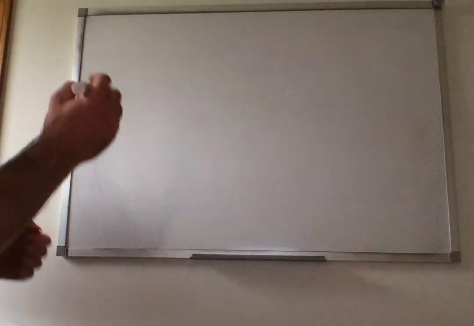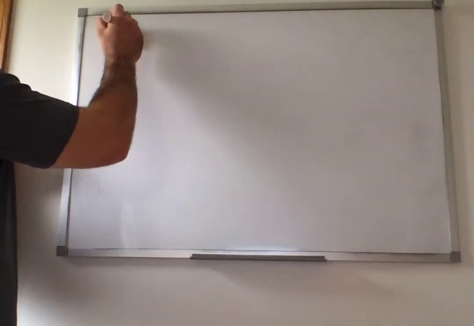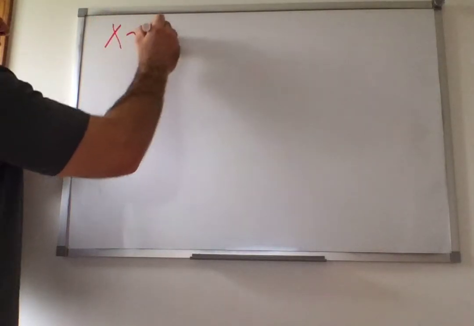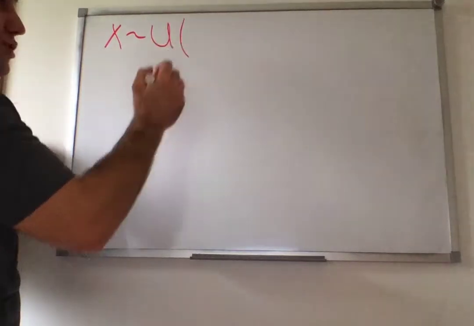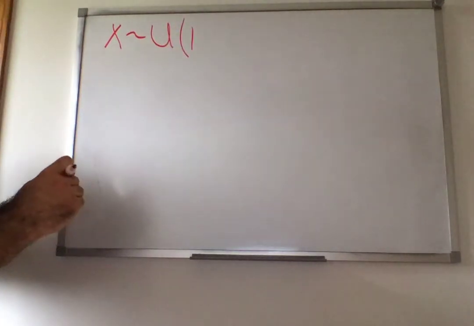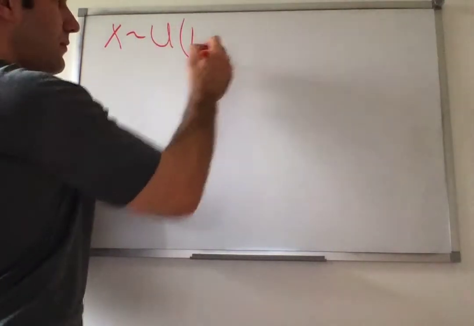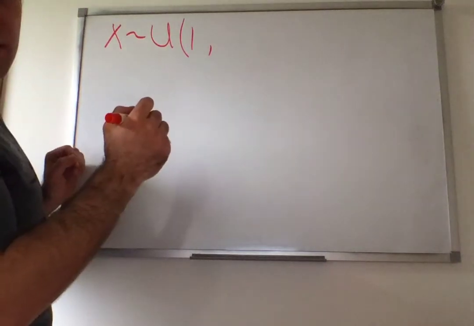It says, a study involving stress is conducted among students on a college campus. The stress scores follow a uniform distribution with the lowest stress score equaling 1. So our stress scores follow a uniform distribution with the lowest score being 1, and then the highest score being, I think it's 5.